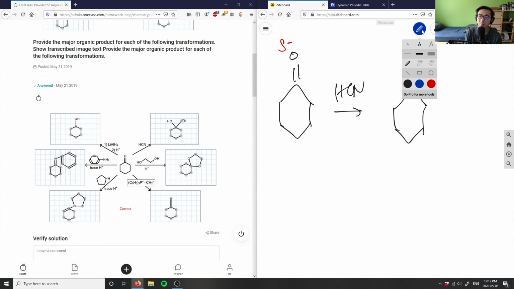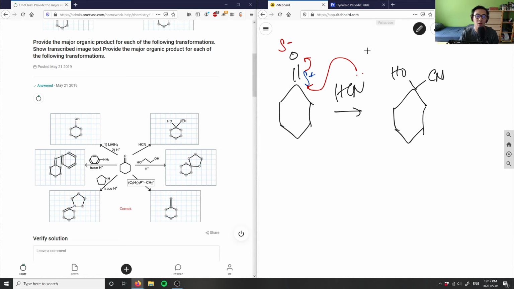This here is positive, and you know that this nitrogen here is very negative, right? The lone pairs here are going to attack this guy, bump this up. So you're going to get something like this. It's a simple SN2 reaction here, and this will be CN here. So this here is going to be our product for the last question.